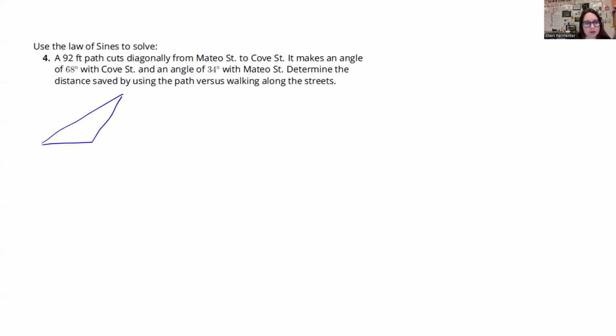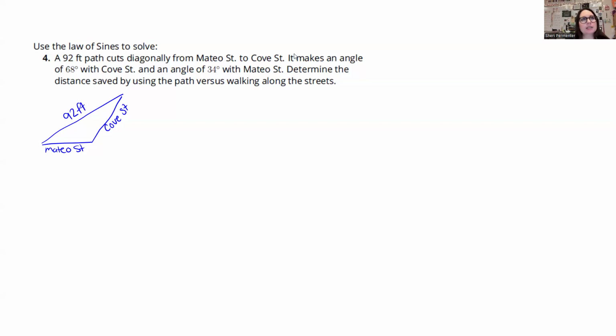So I'm going to label it. We've got Mateo Street and we've got Cove Street. And then we've got this path that cuts a diagonal and saves us a little time. And this path is 92 feet long.